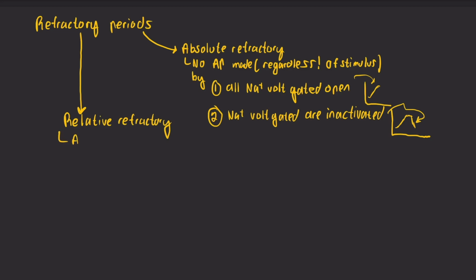So, AP for action potential can occur if stimuli is greater than normal. And this will generally occur at hyperpolarization.